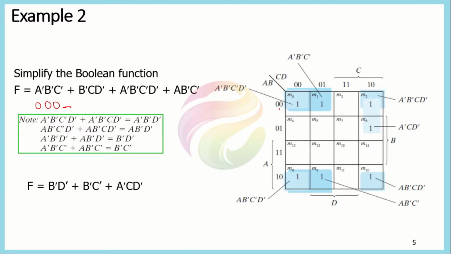So we need to find this one. It's 00 here, and C would also be 0 here. But D is changing here, so we will write the ones here and here.